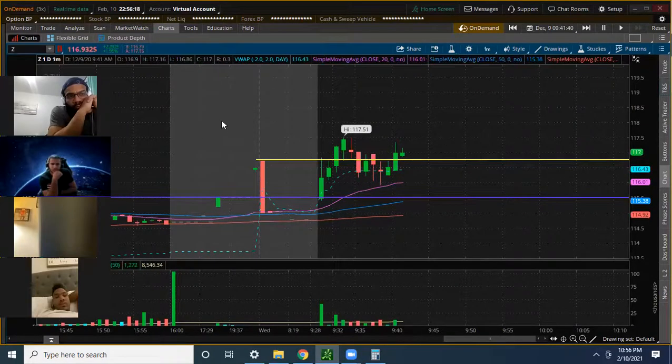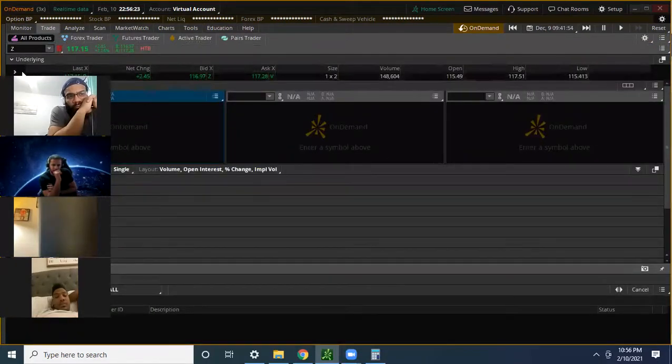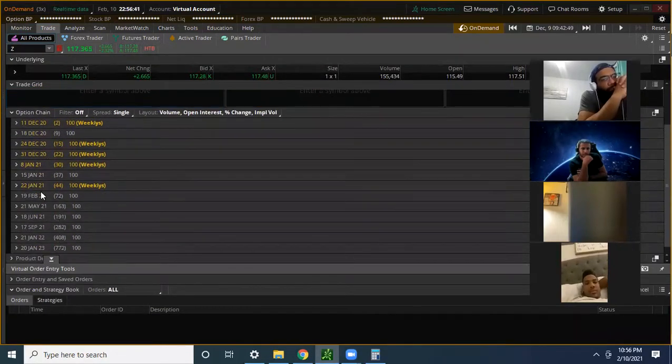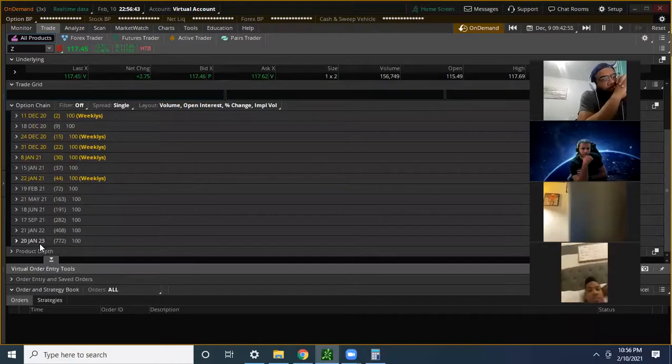Okay. Now options is a whole course in itself. But what I can tell you is that options have 3 components to them. They have an expiration date. It always expires on a Friday. So that's where you see all these dates here. December 11th, 2020, all the way to January 20th, 2023.